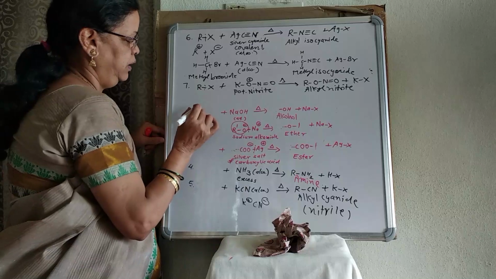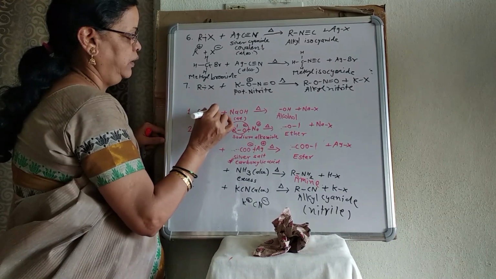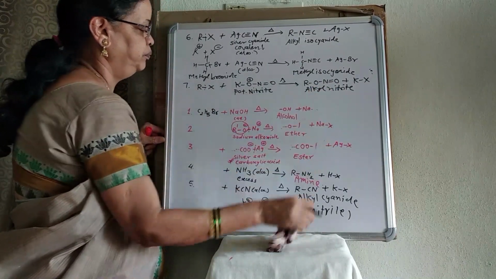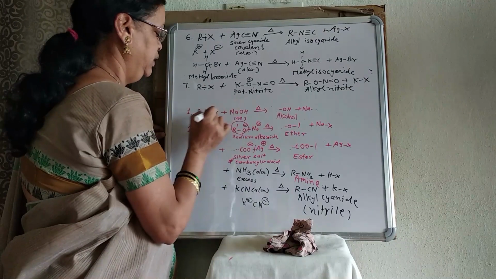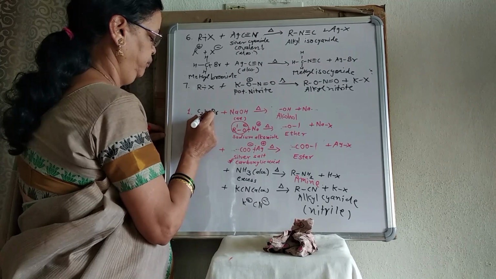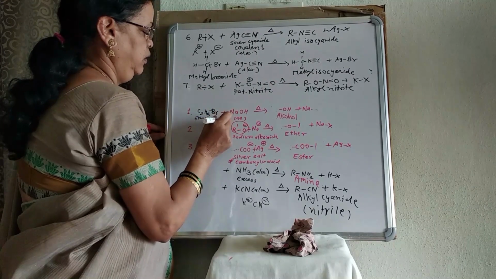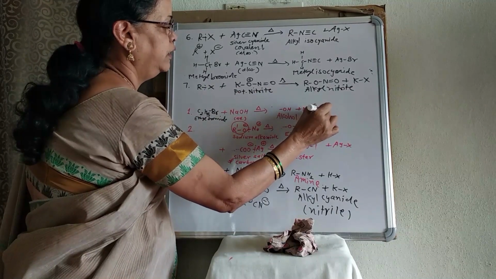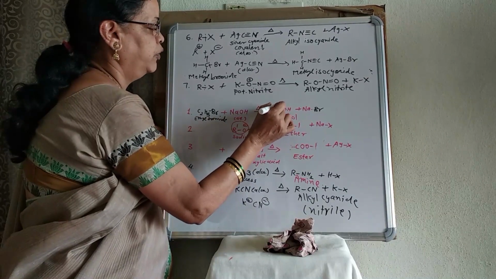So for example, you can take C2H5Br. Now what will be the product formed here? C2H5 means ethyl group, ethyl bromide. So bromide is a leaving group here, with NaOH, and NaBr is formed, and C2H5OH will be the product.